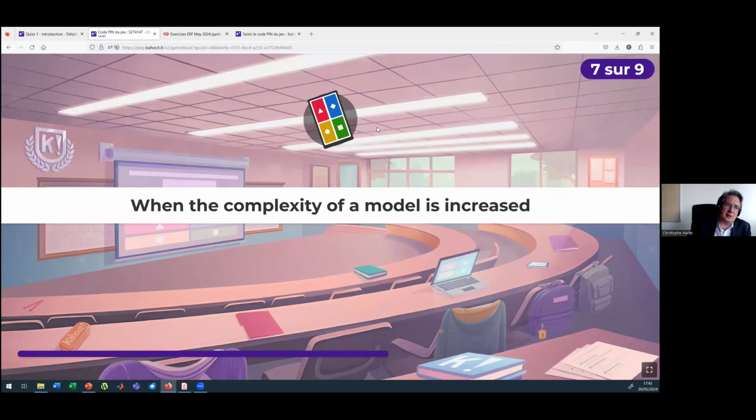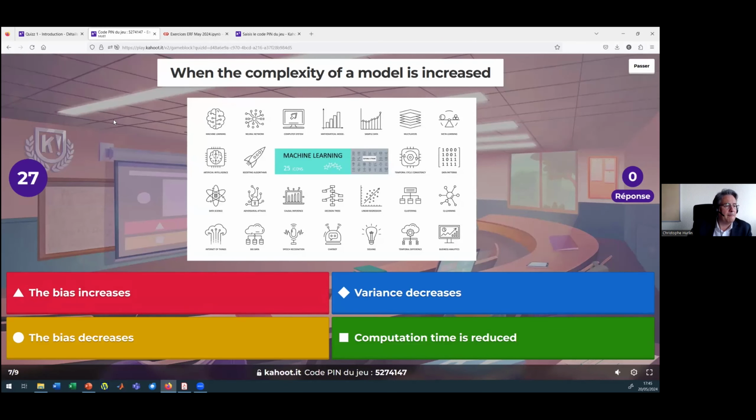When the complexity of a model is increased, there is only one good answer.